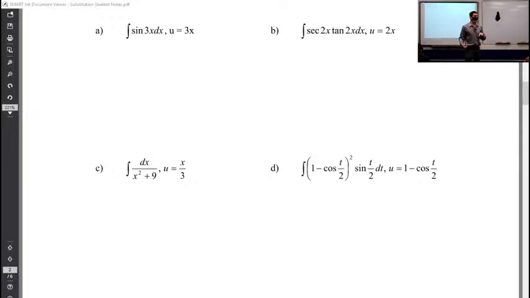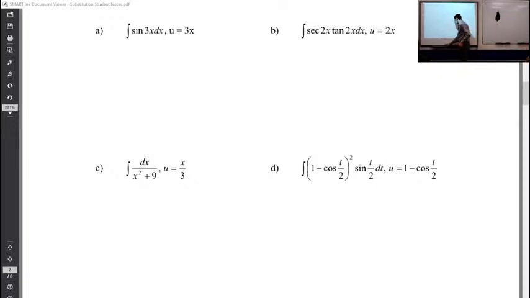And then the second part is spotting the derivative of the inside part. So if you see the derivative of a function somewhere else in the function, then that can help you see that we're going to have the chain rule happening.